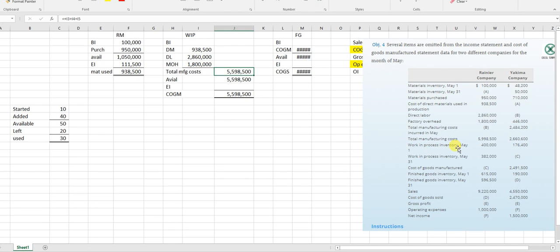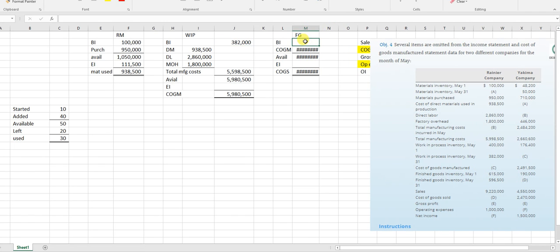Work in process inventory May 1st, so May 1st and May 31st, that's my beginning inventory right here. So I'm going to have 382,000. Finished goods inventory May 1st. So that is finished goods inventory May 31st.